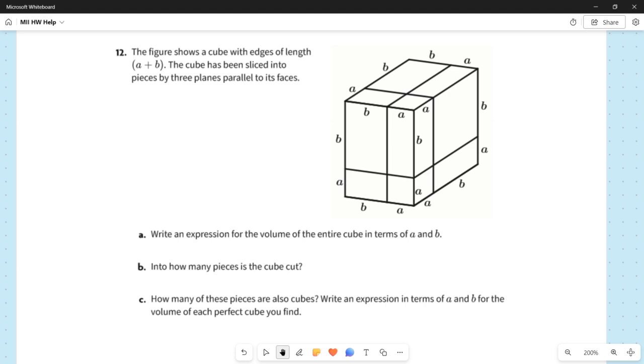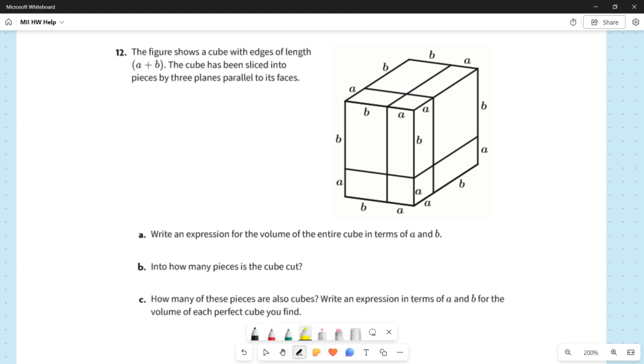Notice that this is a cube. I know it maybe looks a little tall and maybe a little deep, but it's a cube, which means every single length is A plus B. So the length is A plus B, the width is A plus B, the height is A plus B, and you can see that.